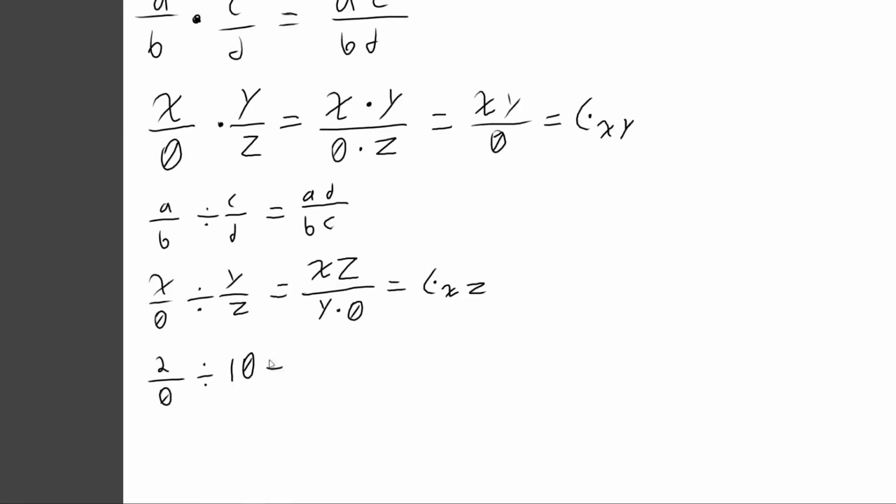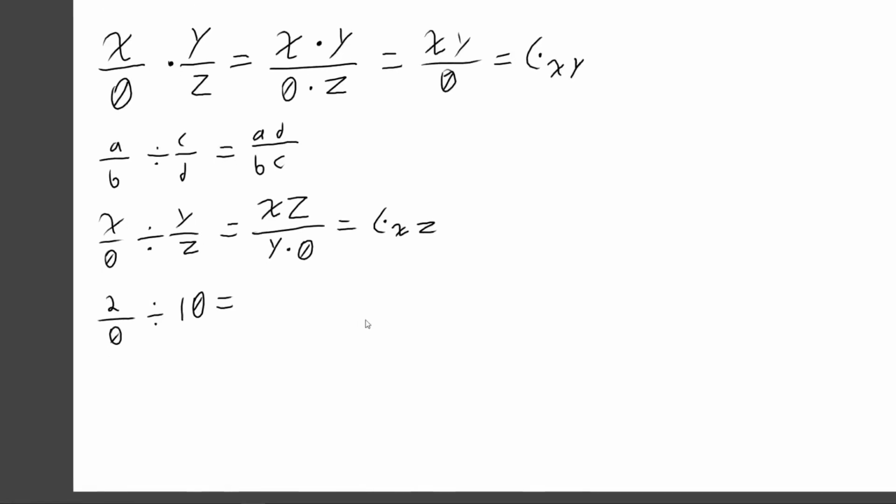This would equal 2 times 1 over 10 times 0, which would equal 2 over 0, because the 1 is retained, which in turn would equal c2.